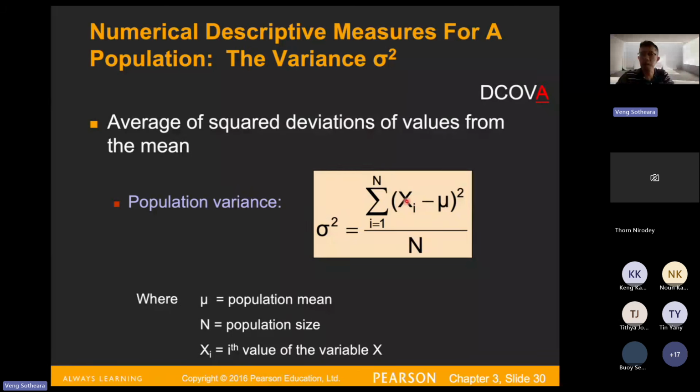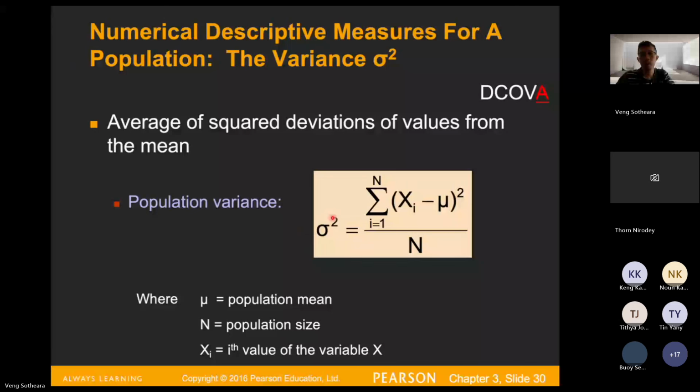Then you subtract mu from those x values, square them, sum them up, and divide by, in this case, n, not n minus 1. And the notation for the population variance is not s square but sigma square.